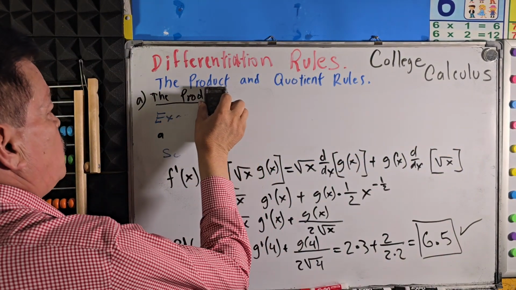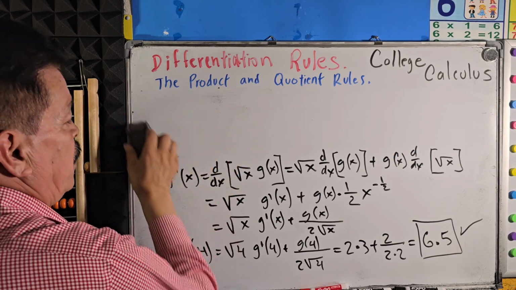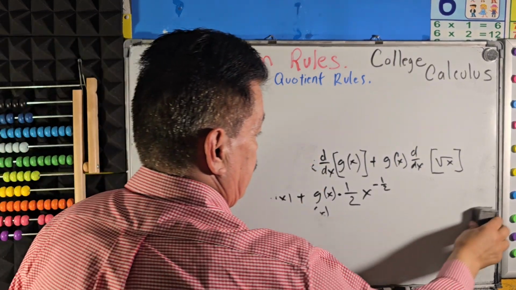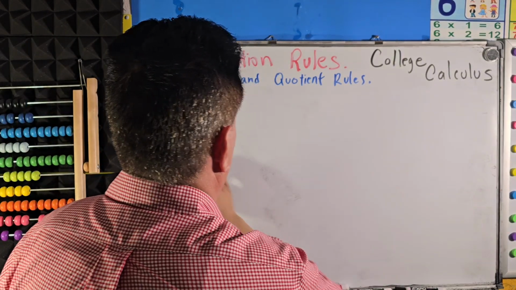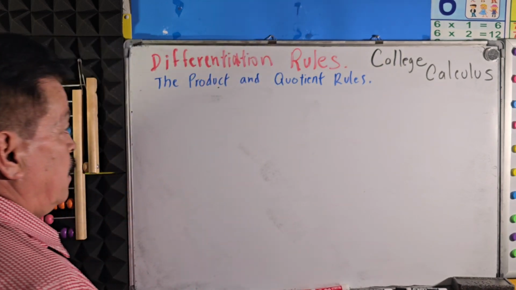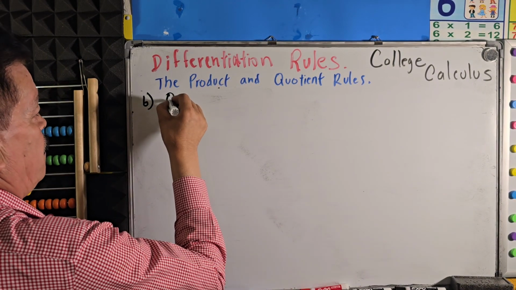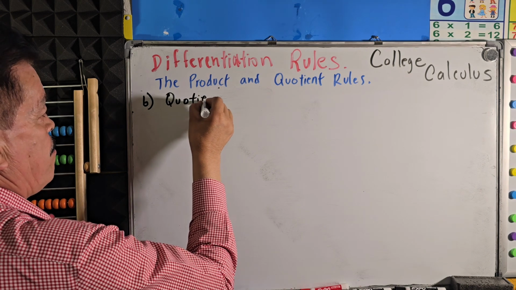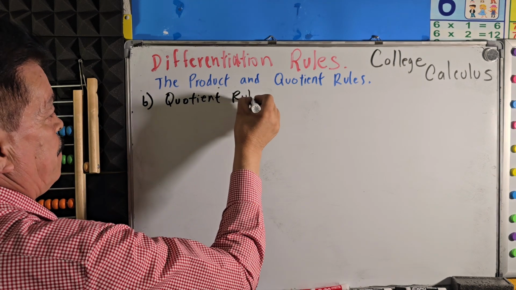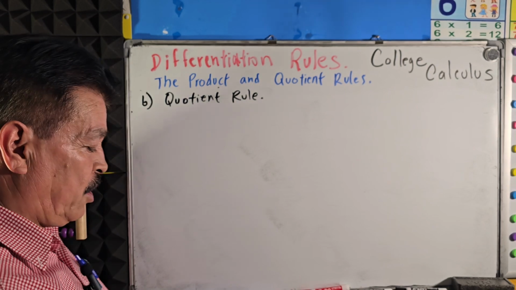Now let me explain to you the quotient rule. Okay, quotient rule. What do I mean by quotient rule?